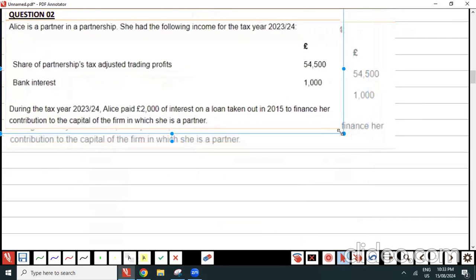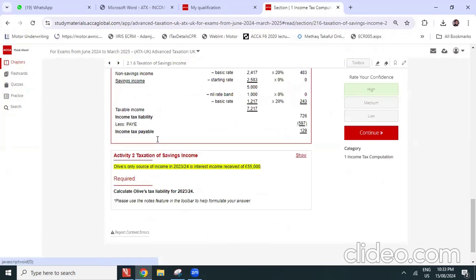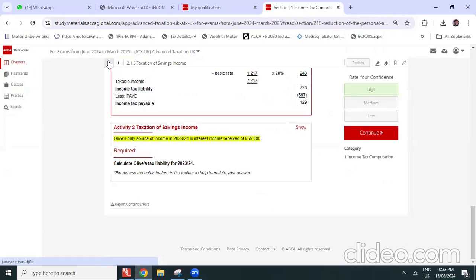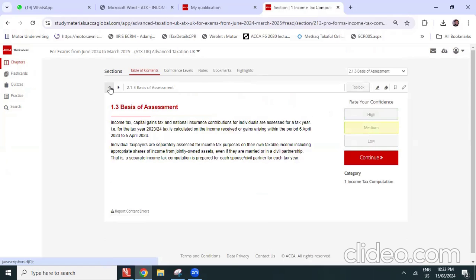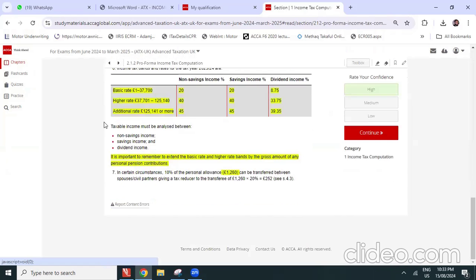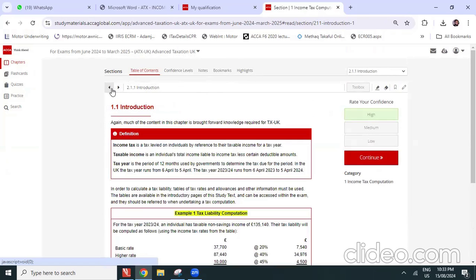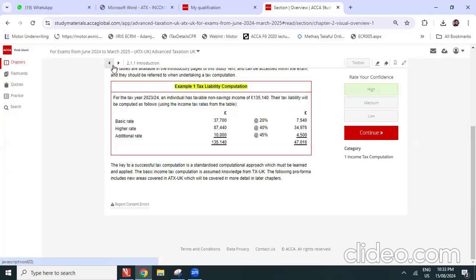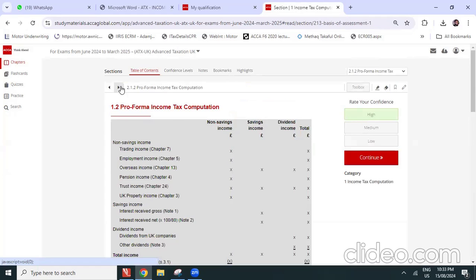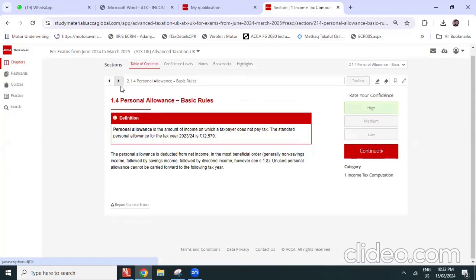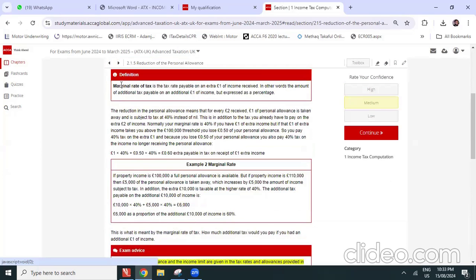Alice is a partner in a partnership. She had the following income for the tax year 23-24: share of partnership's tax adjusted trading profit, and bank interest.